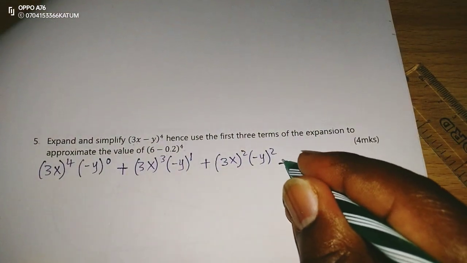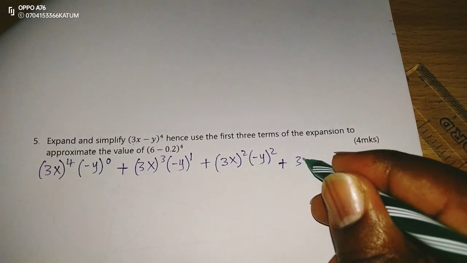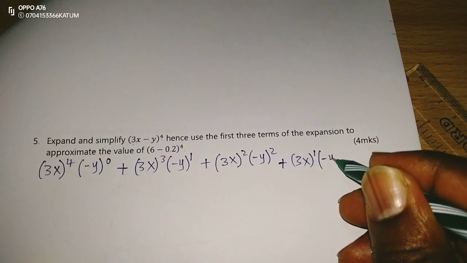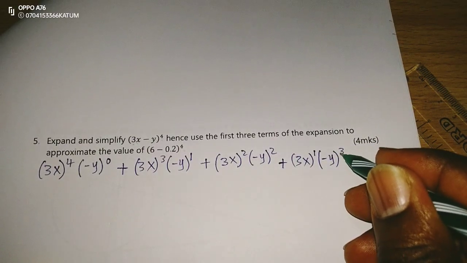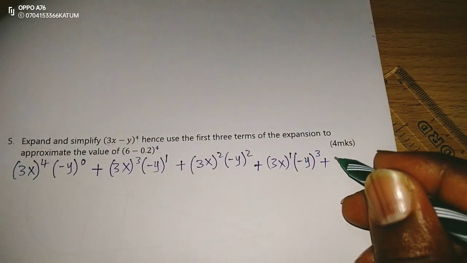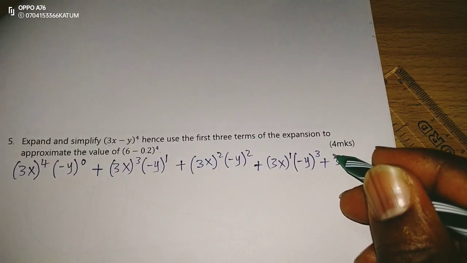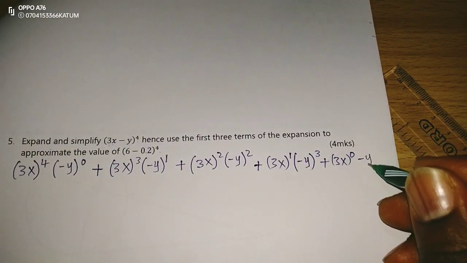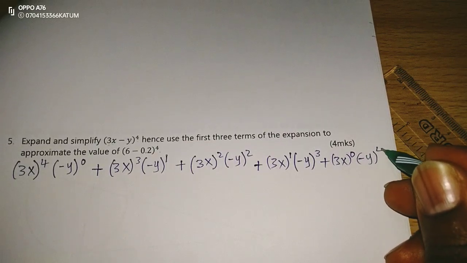The other term is going to have (3x)^1, and (−y) is going to be cubed. Then the final term is going to have 3x finally at power 0, and (−y) to the power 4.